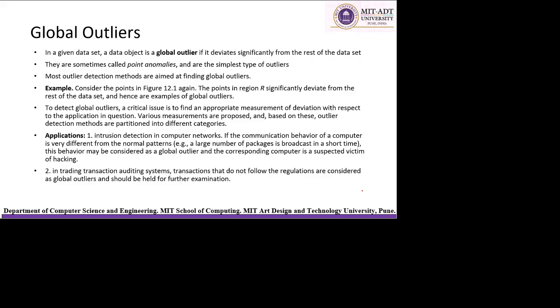To detect global outliers, the critical issue is to find an appropriate measurement. So which measure can we use to identify this deviation? We have seen the different methods to identify the similarity between different data objects in clustering. So we can have different measures.